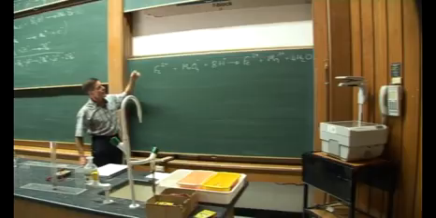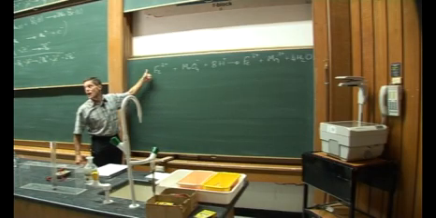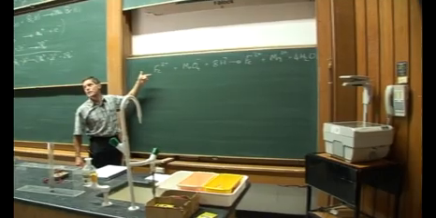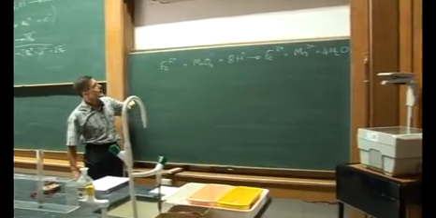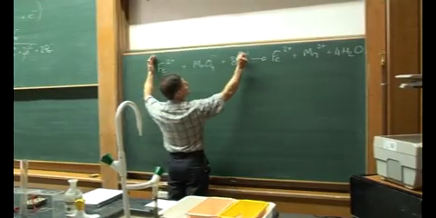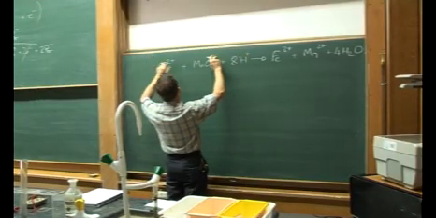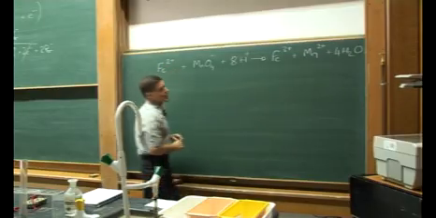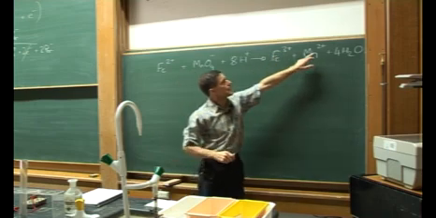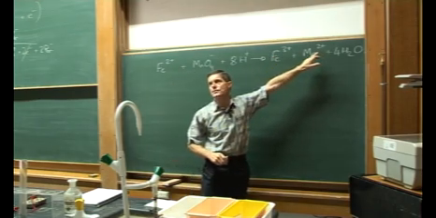If I look at it, I've got the same types of atoms on both sides of the arrow. I've got the same number of each type of atom. But if I look at the overall charge, I've got 8 pluses, 1 minus, that's 7 plus, and 2 pluses means I've got 9 plus on the left, and I've only got 5 plus on the right.